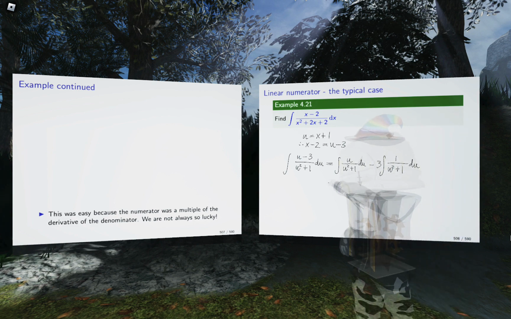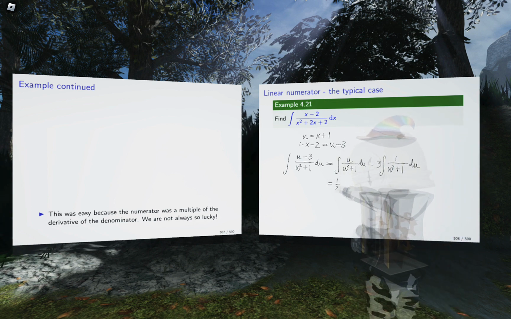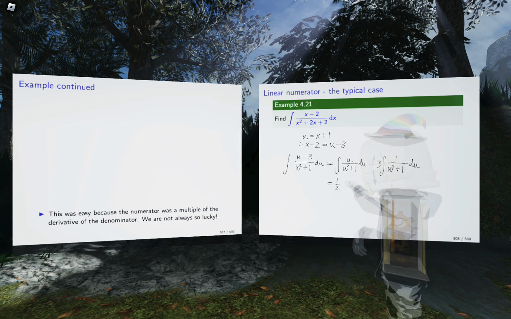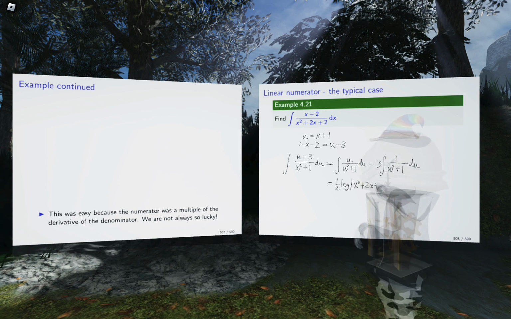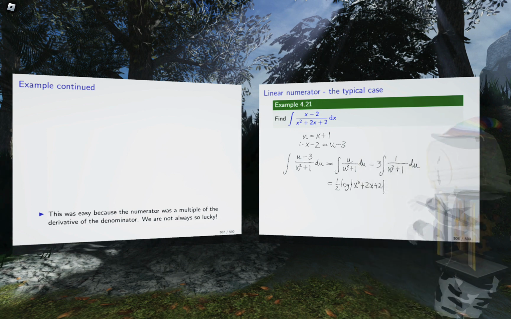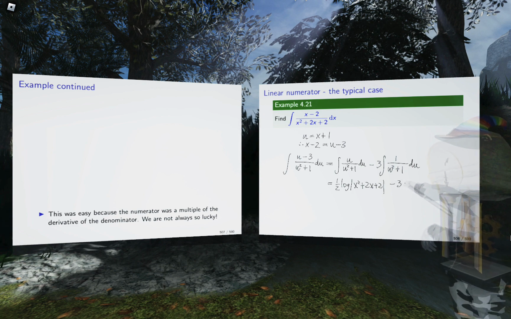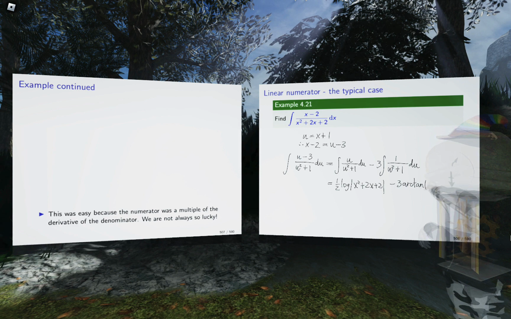So we get this, which was a half log of x squared plus 2x plus 2, minus 3 arctan u.